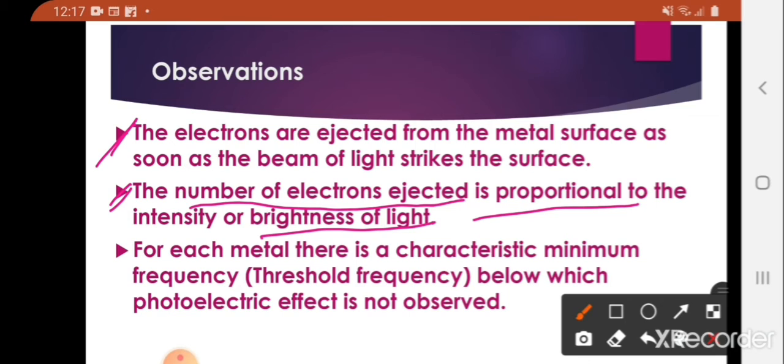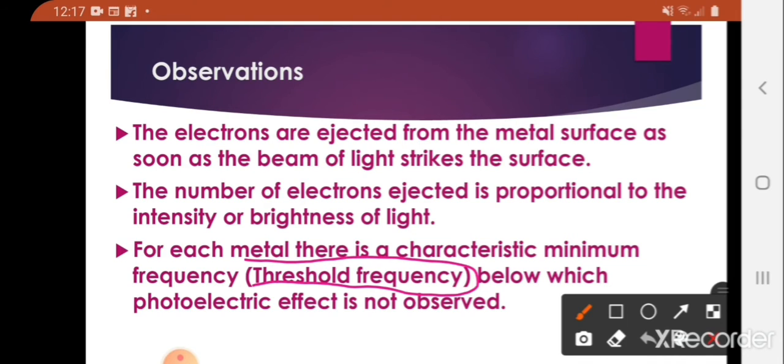Next observation made is, for each metal there is a characteristic minimum frequency below which the photoelectric effect is not observed. This minimum frequency is otherwise known as the threshold frequency.